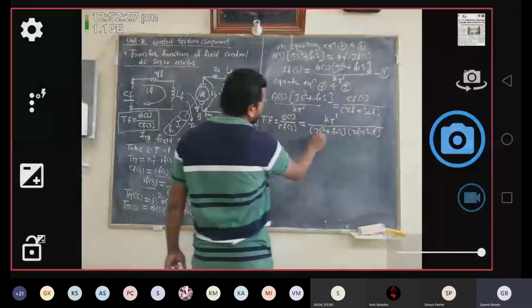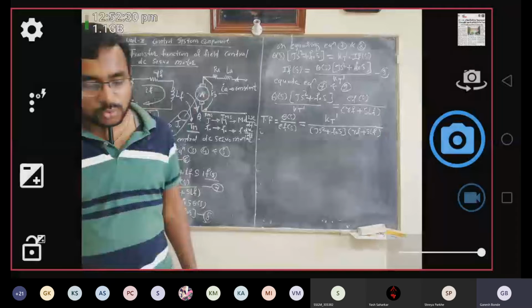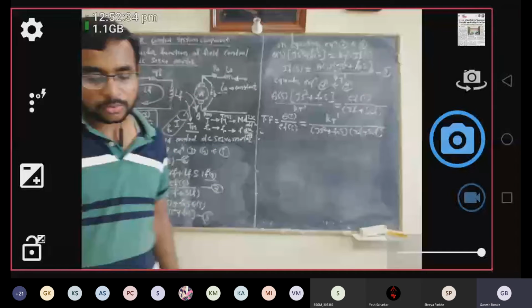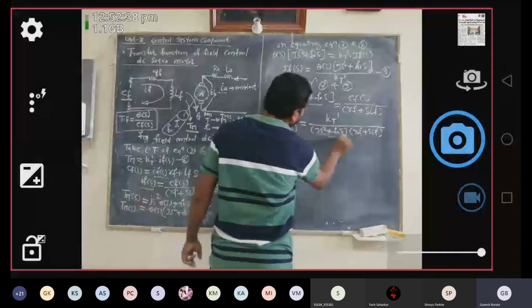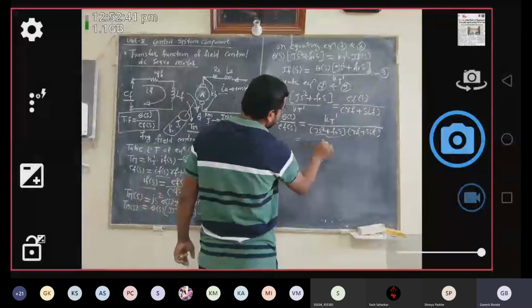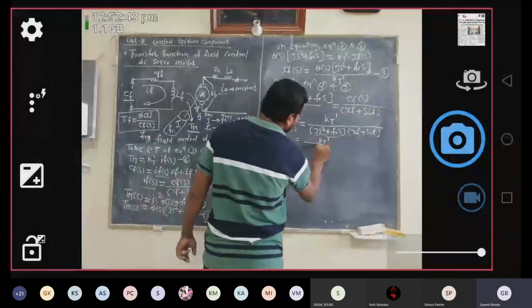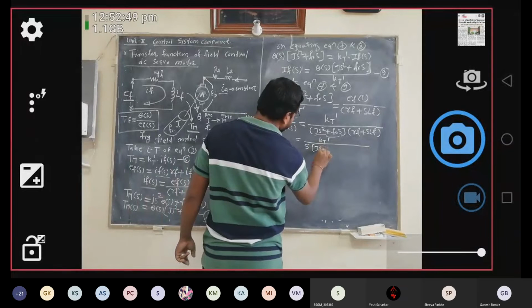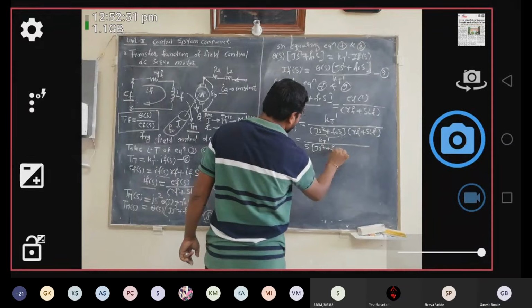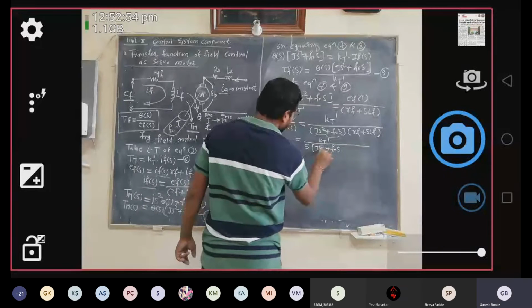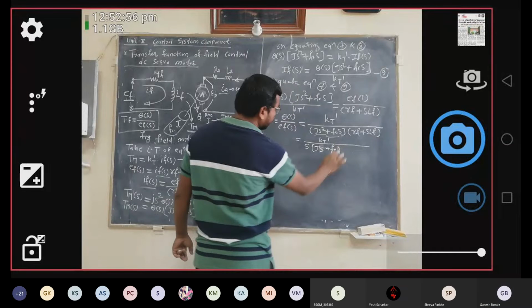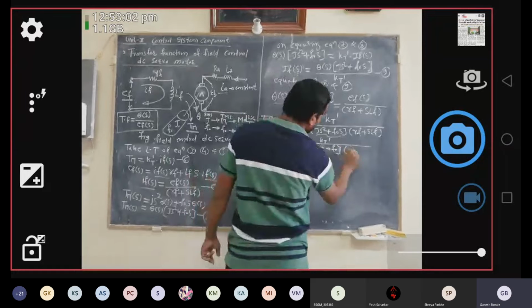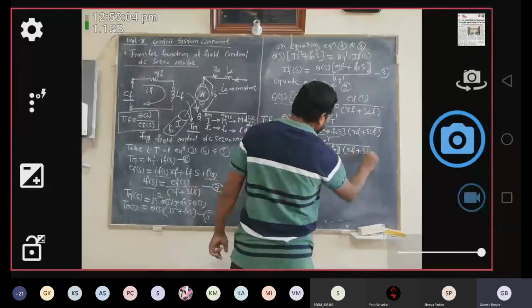In this denominator you can also take the s term common. So you are getting Kt dash upon s into J s plus f0 into Rf plus s times Lf.